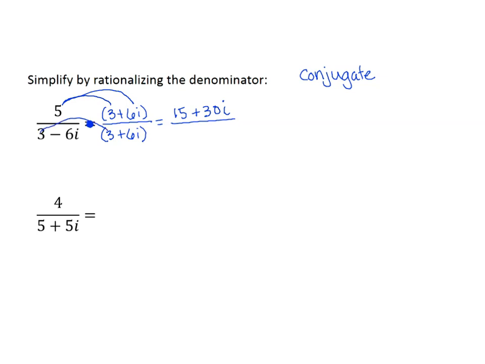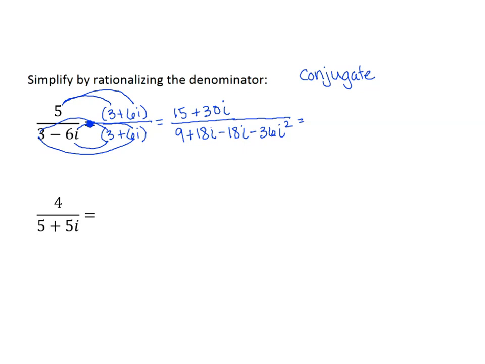I'm going to do first, and then outer, 3 times 6i, and then inner, negative 6i times 3, and then last, negative 6i times positive 6i is negative 36i squared.